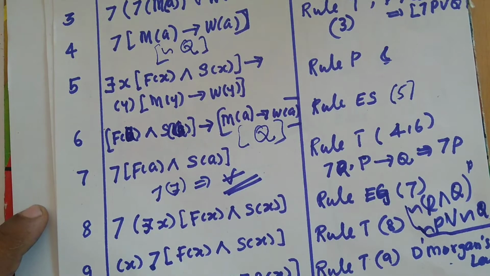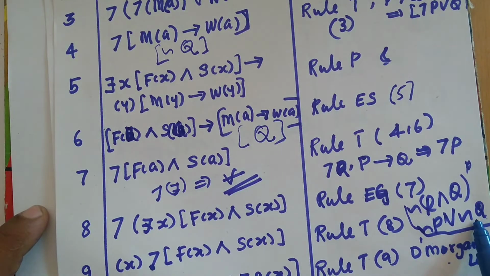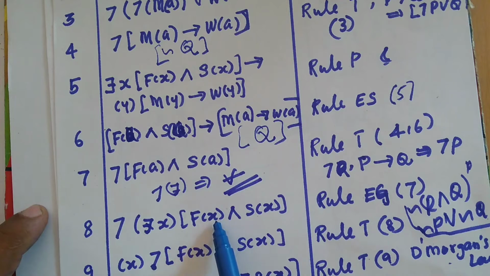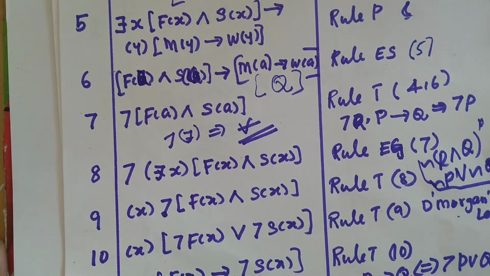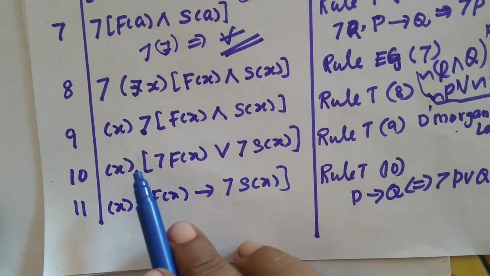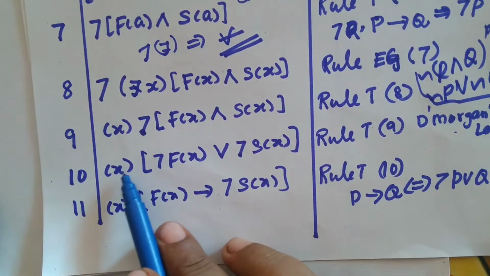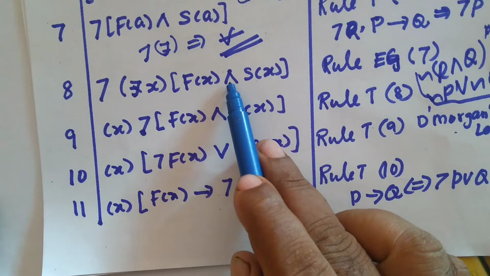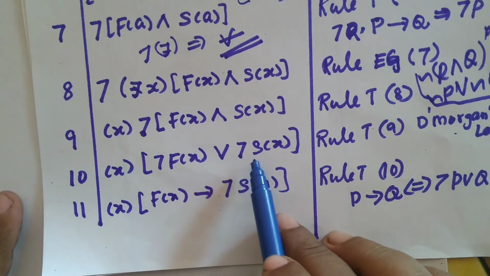So negation of P and Q equal to negation P or negation Q. That means negation of f of x and s of x is negation of f of x or negation of s of x. So this there exist becomes for all, this and becomes or. So negation of f of x or negation of s of x.